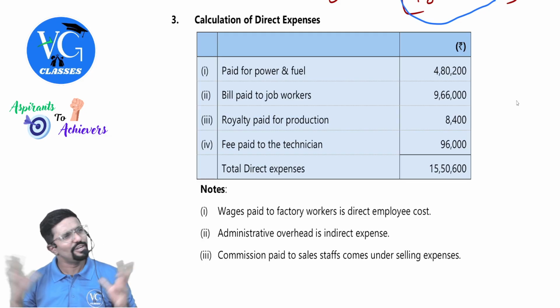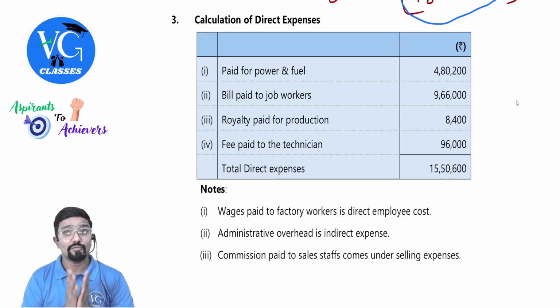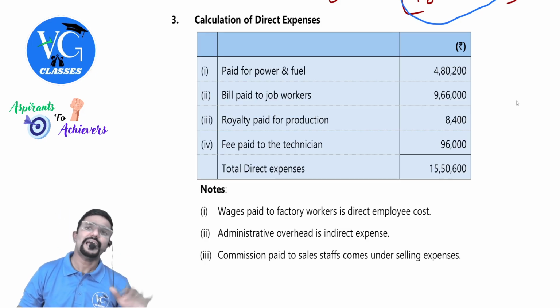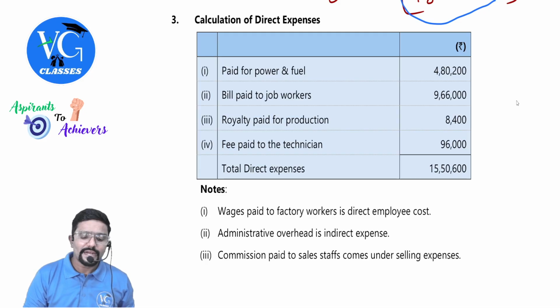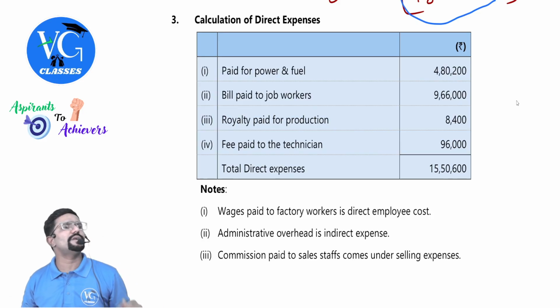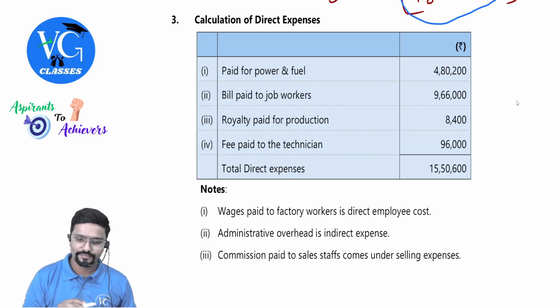Actually, power and fuel is indirect. But here, as they have considered it, assume by chance a similar question is asked in the exam, then you can consider power and fuel as direct. Or else you can consider it as indirect and give a note: as it is not directly attributable to the units produced, it is considered as overhead.